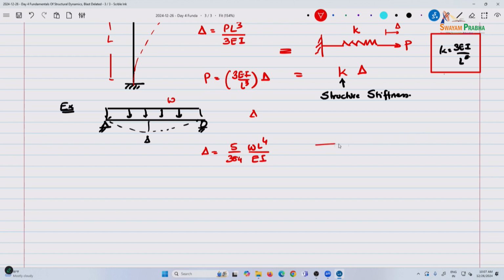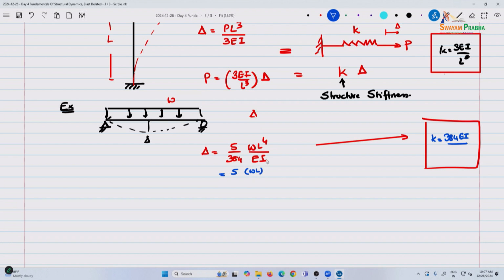So from here you can say the stiffness, doing a similar expression, is 384 EI by 5 L cubed. Anything you have, you need to convert it to an equivalent load. This is an equivalent concentrated load.